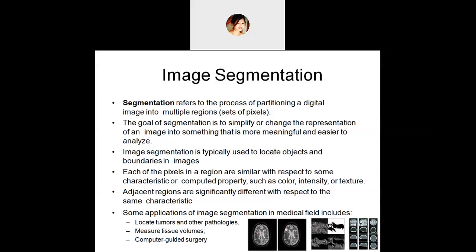Each of the pixels in a particular region are similar with respect to some quality, it may be color, intensity, or texture. Then adjacent regions are significantly different with respect to some characteristic. What do you understand by the term adjacent?